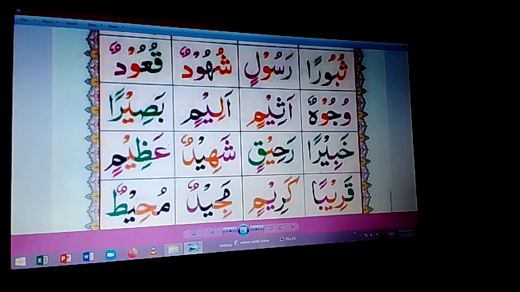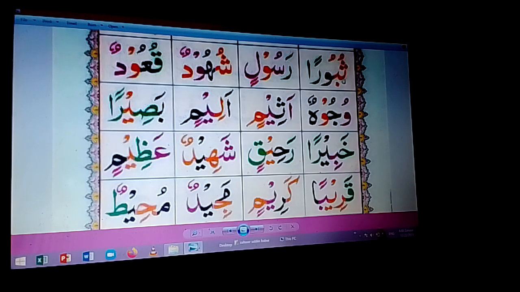Now we are practicing another letter which causes a letter to prolong. So here we are actually practicing what will happen when waw silent comes after a letter.